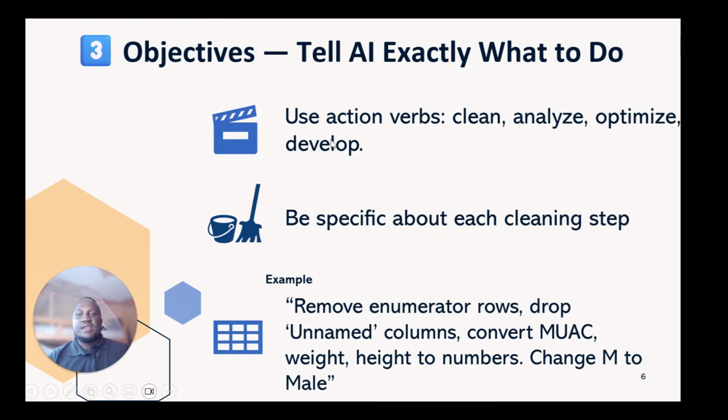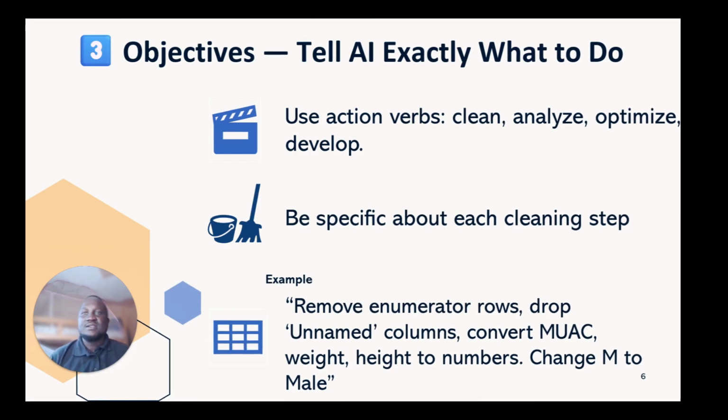Okay. Next we're looking at the objectives. Objectives are mainly to tell AI exactly what to do. When you clearly define what to do, you reduce the chances of giving AI a broader area to look into. Precise instruction makes AI follow your steps exactly.